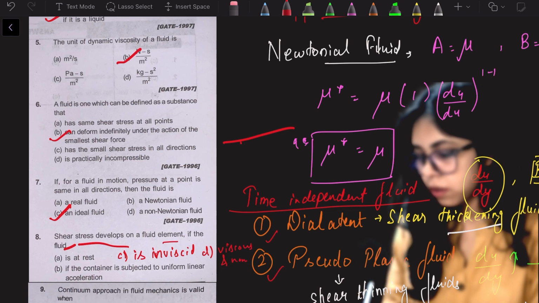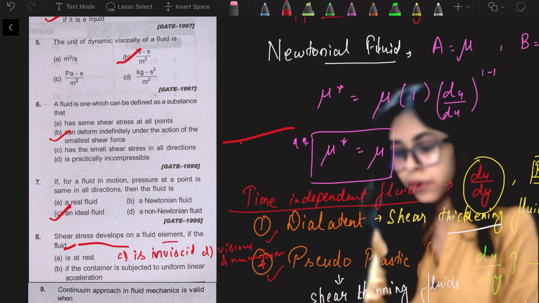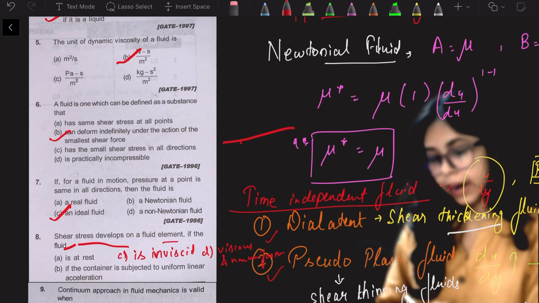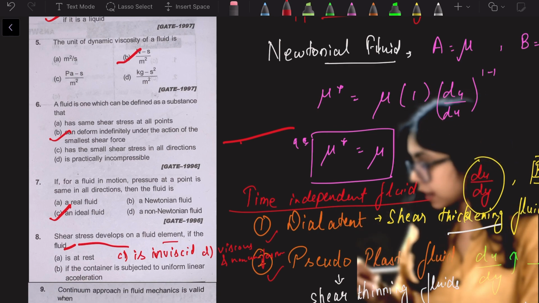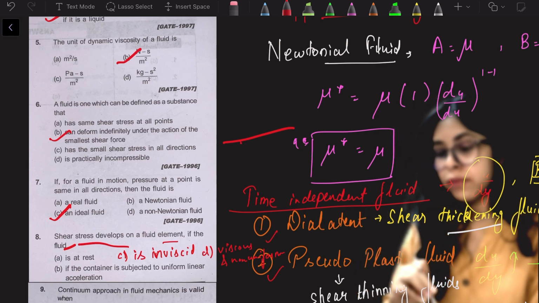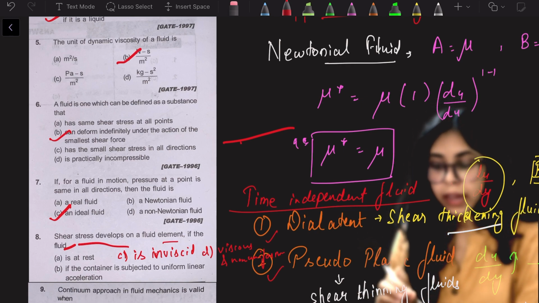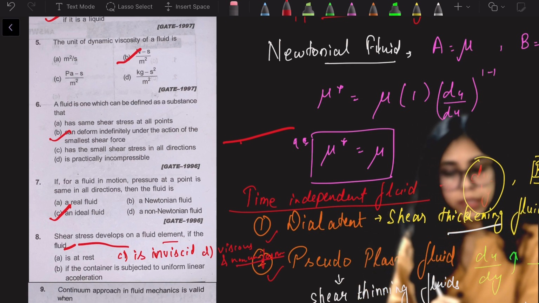So shear stress develops on a fluid element if the fluid is at rest, if the fluid container is subjected to uniform linear acceleration, if the fluid is inviscid, or if the fluid is viscous and non-uniform flow is there.